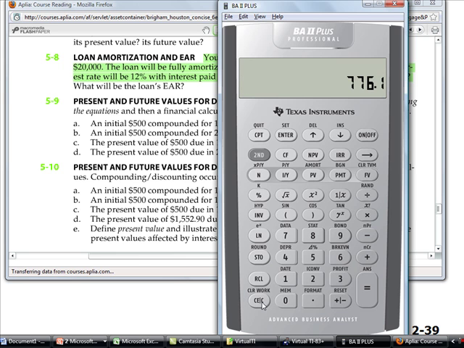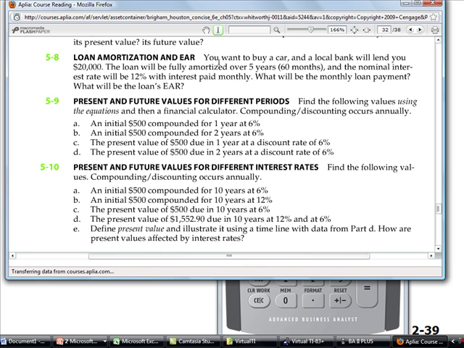We're going to start by pressing second and clear time value of money. Then we're going to put in what we know and ask to solve for the payment, which is the unknown. First, we have to keep straight what the periods are. Are we talking about years here? Well, actually no. How often do the payments occur? Monthly, right?